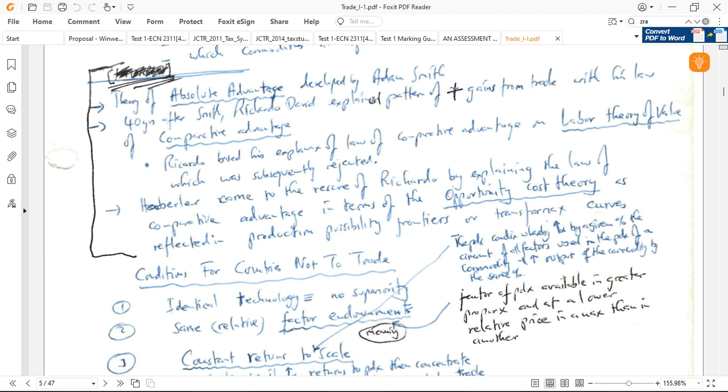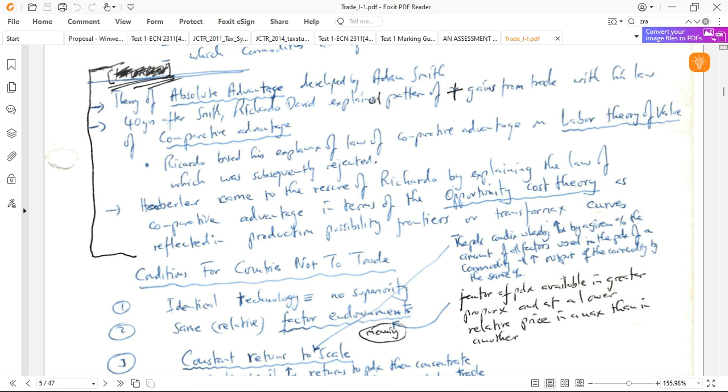A theory must be tested and subjected to scientific analysis, and when it passes, it can qualify to be called a theory. Adam Smith brought up absolute advantage, which was later explained better by David Ricardo, though Ricardo's concept was again rejected because of labor. This proxy variable that he used was not the correct one.